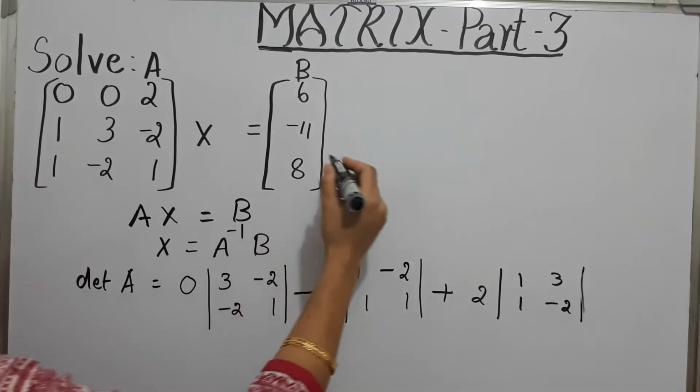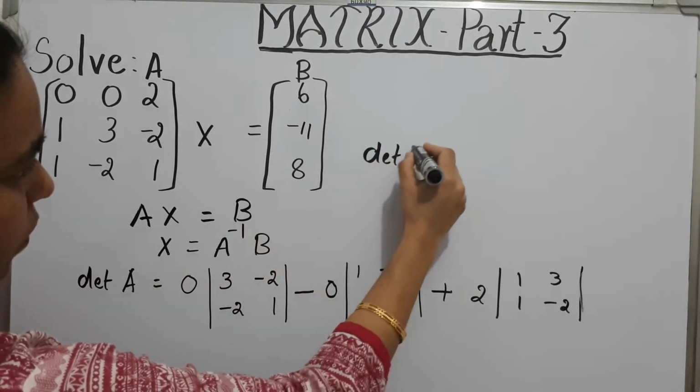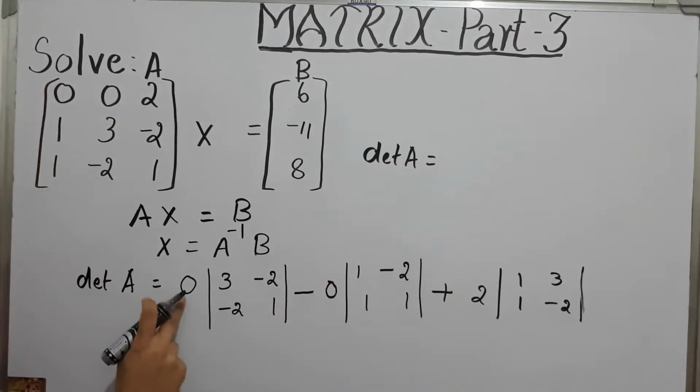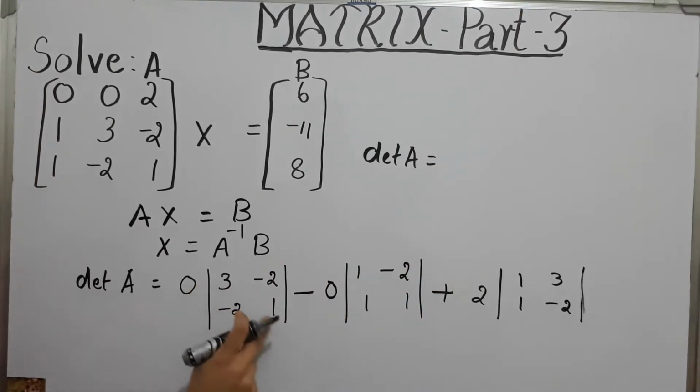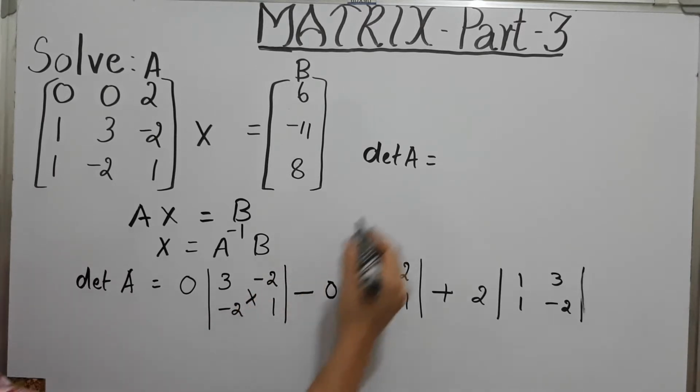So for finding the determinant of A, 0 times 3 times 1, because the determinant of these 4 numbers is you multiply the diagonal, these two, minus these two. So 1 times 3 is 3.